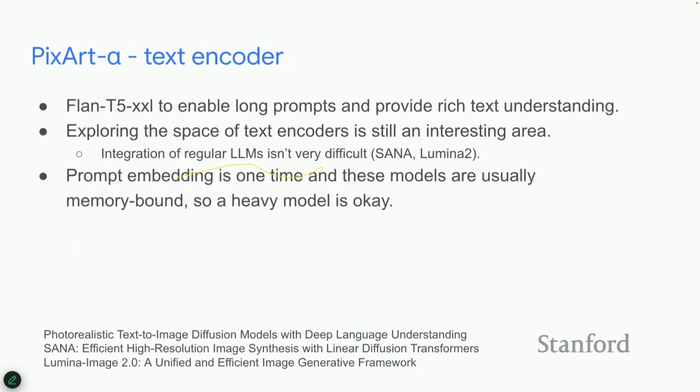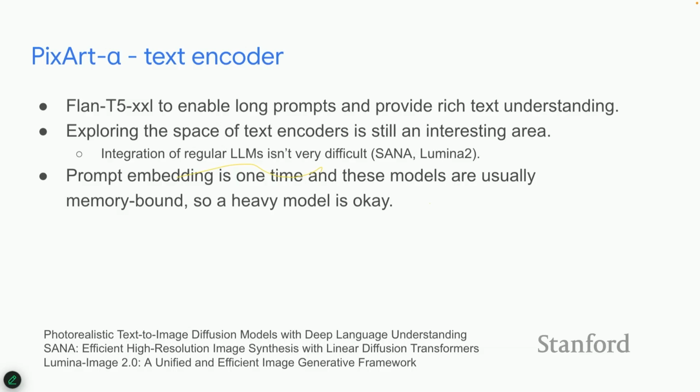And here's some discussion around the use of the text encoder. PixArt-alpha used Flan-T5-XXL in order to really get that text rendering ability. And some of the concurrent works like Imagen showed that if you scale the text encoder, and you ever want to render text in your images, having a better text encoder actually helps.